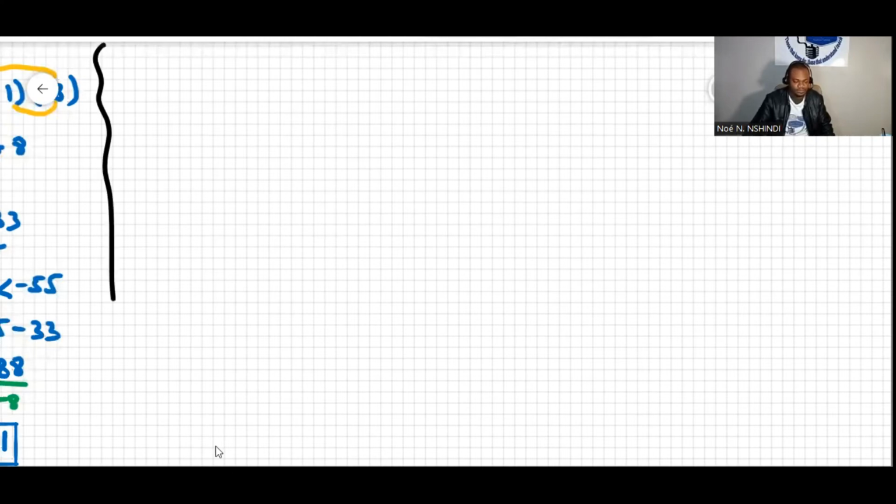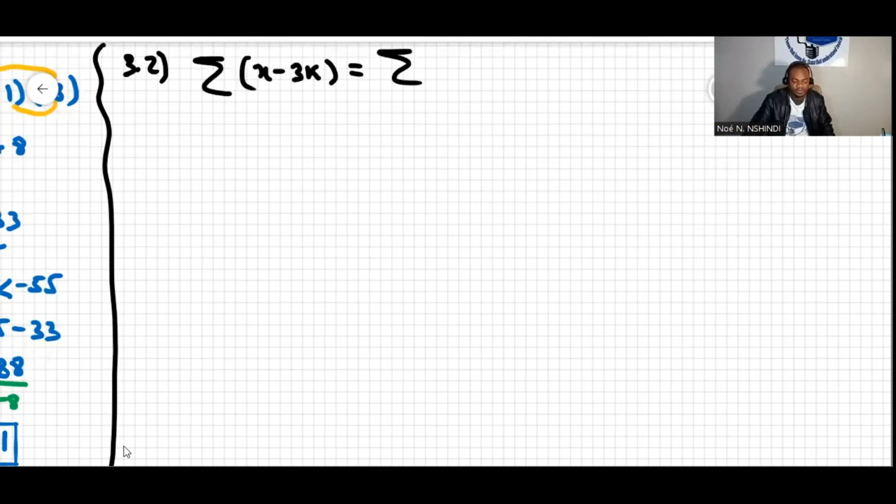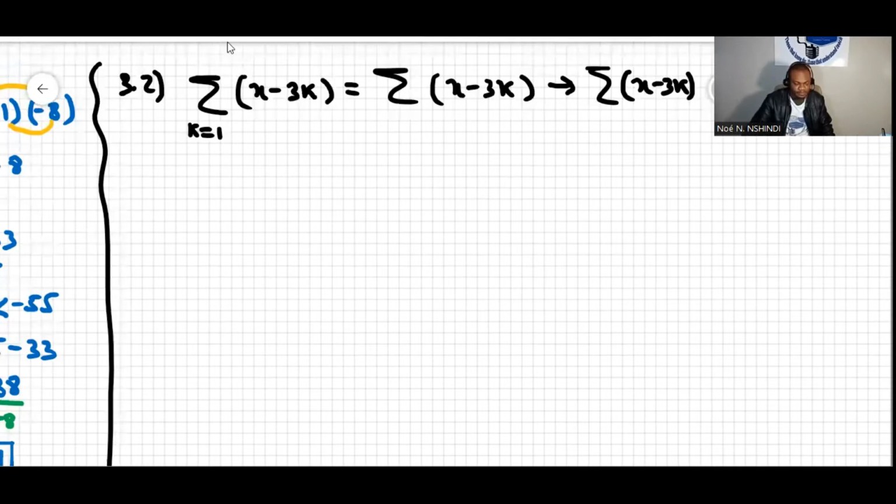And then 3.2. So it is said that the sum of x minus 3k equal to the sum of x minus 3k, and then we need to prove that the sum of x minus 3k, okay, here k starting from 1 to 6, and then here k starting from 1 to 9.